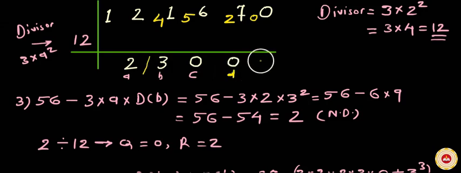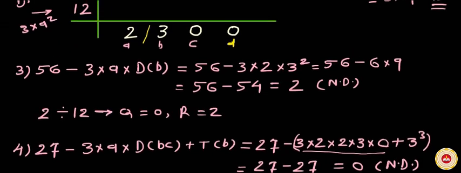So the net dividend will be 0, and when we divide the net dividend by 12, the result will be 0. So no point in carrying out this division. Let us stop here. Now let us write the final answer.